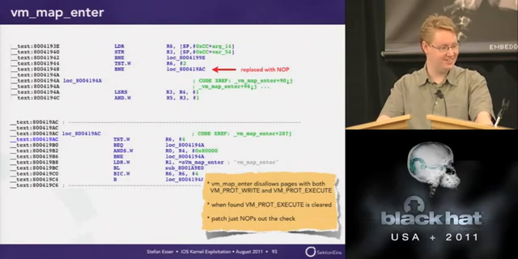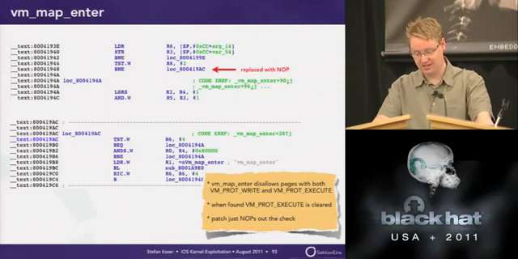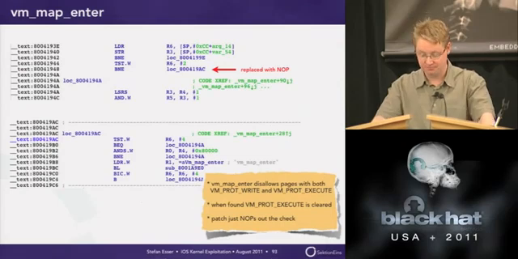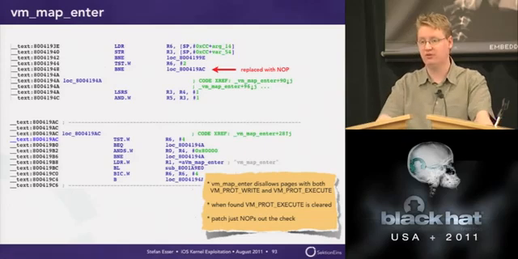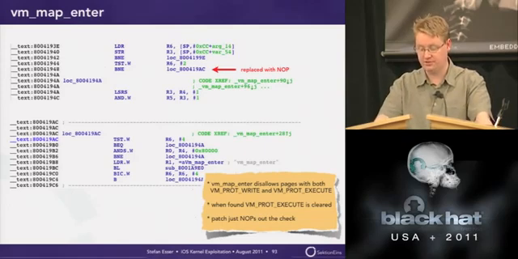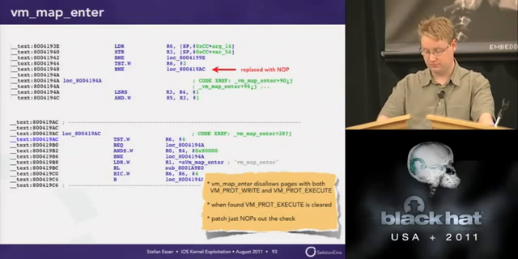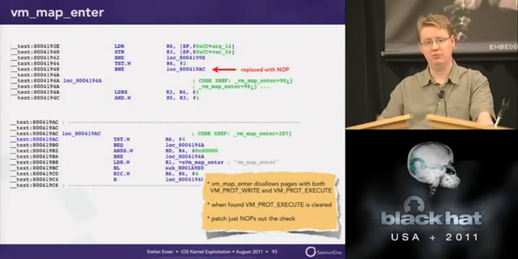Basically, the patch from Comex replaces the check with a nop, and so now memory can be read-write executable. Otherwise, if that's not patched, then the kernel will see there's a prot execute, and it will just clear it. This just allows you to have the read-write executable memory at all.